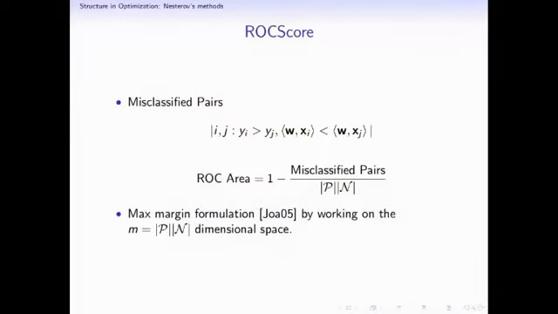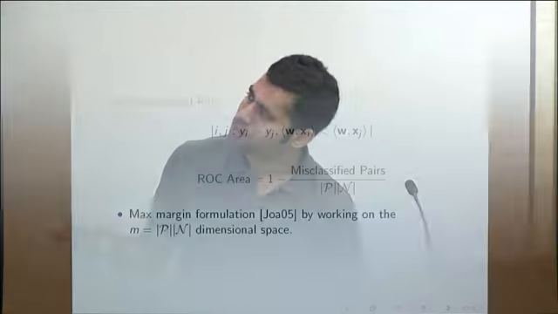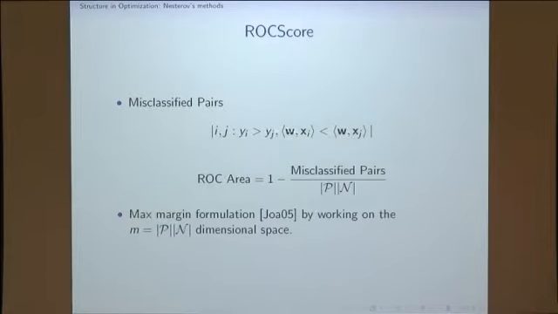Alright, so to go ahead with that, I'll just explain briefly what ROC score looks at. The idea is you define the concept of misclassified pairs. A misclassified pair is a pair ij such that the score that your model gives to xi and xj is reversed relative to the actual labels yi and yj.